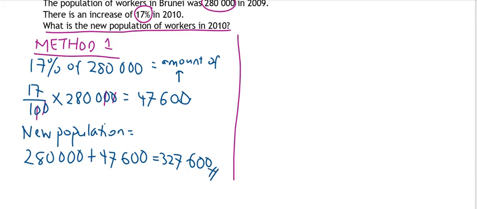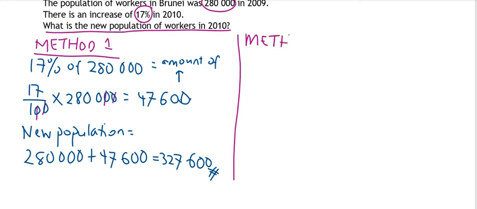So therefore, this is your answer. When you compare the previous year, which is 2009, and 2010, the original one is 280,000, but in 2010, the new population of workers is 327,600. All right, so let's proceed to method number two.